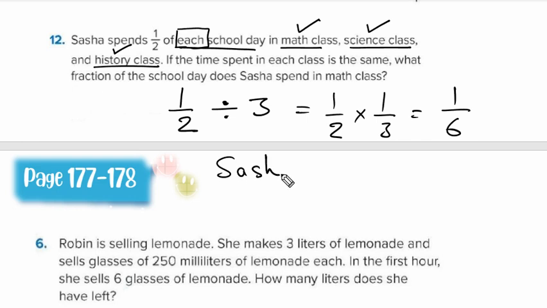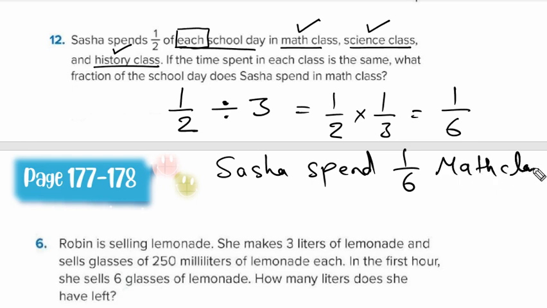So Sasha spent 1 over 6 of his time in math class. If asked for history class, then also 1 over 6. If asked for science class, then also 1 over 6, because it is equal in each class.